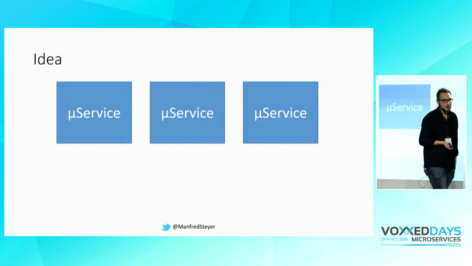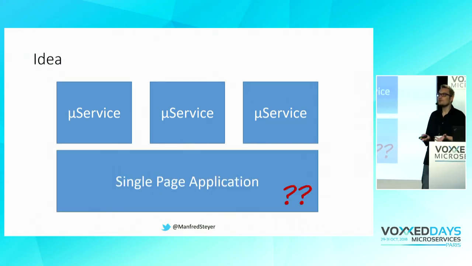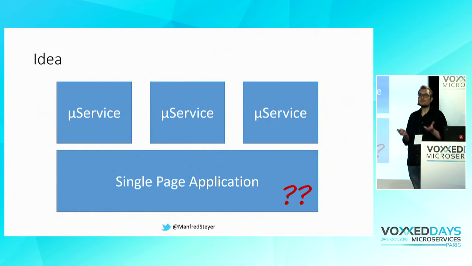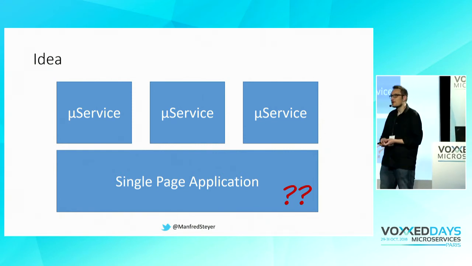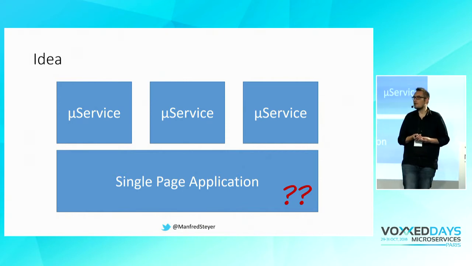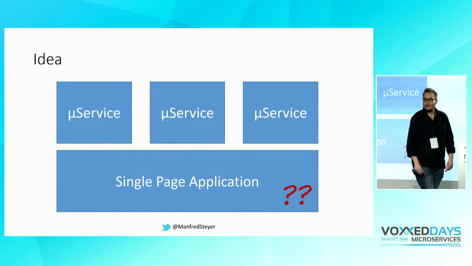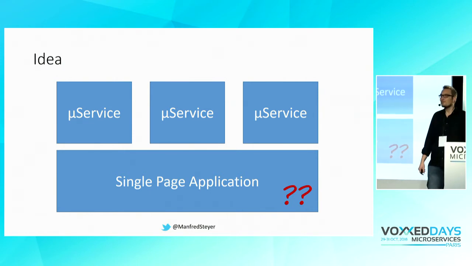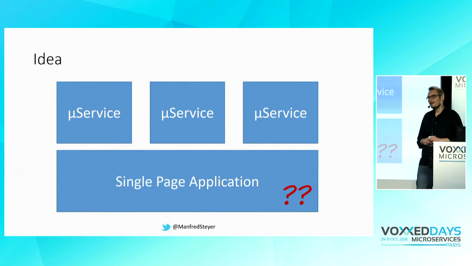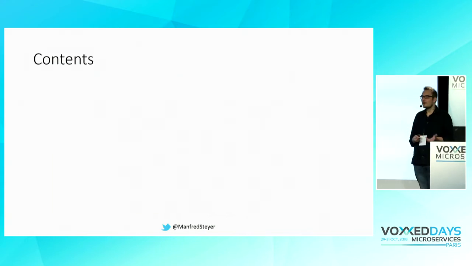But now, of course, the question arises, how do single-page applications fit into this game? Because a single-page application is inherently a monolith. It is just a single page. And so we have to find some smart solutions for this. And this is exactly what this talk is about.